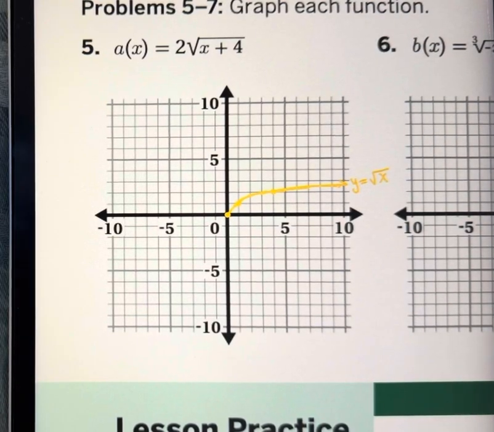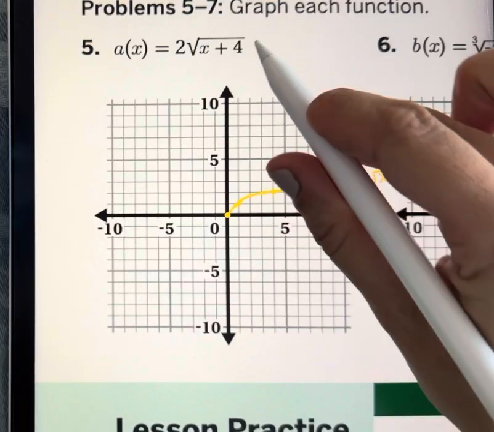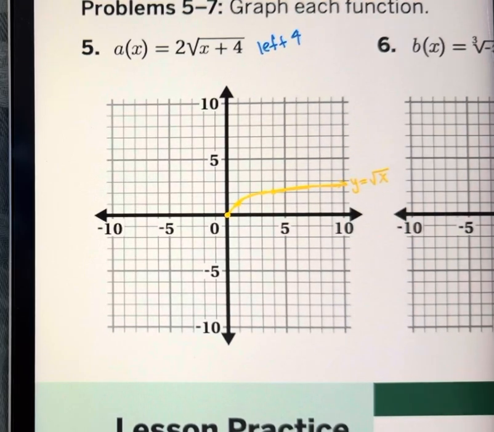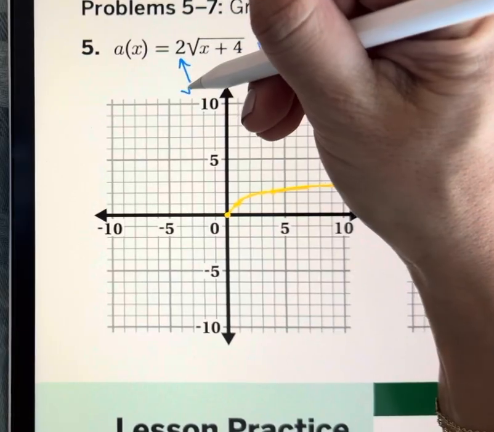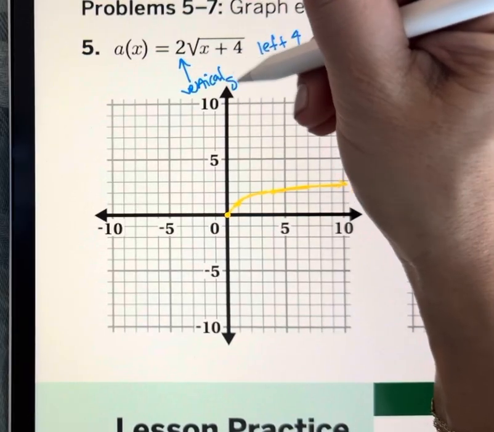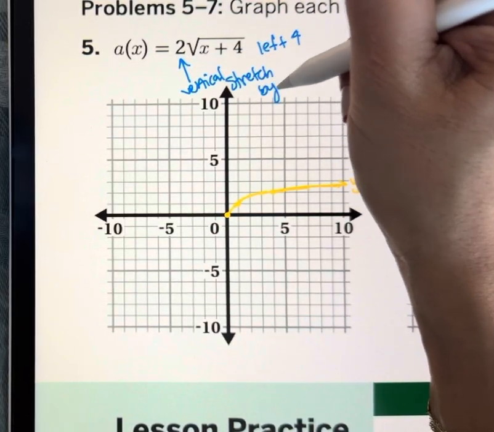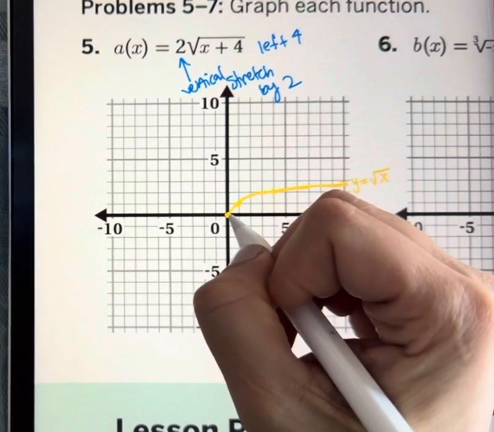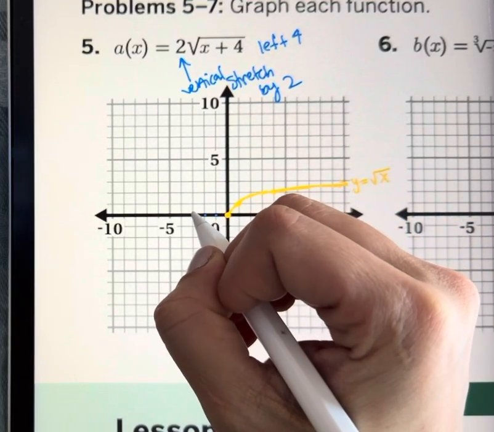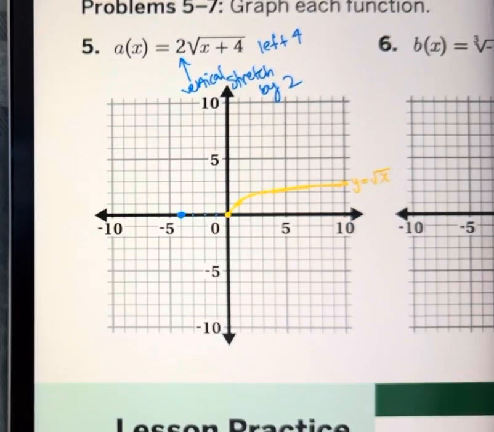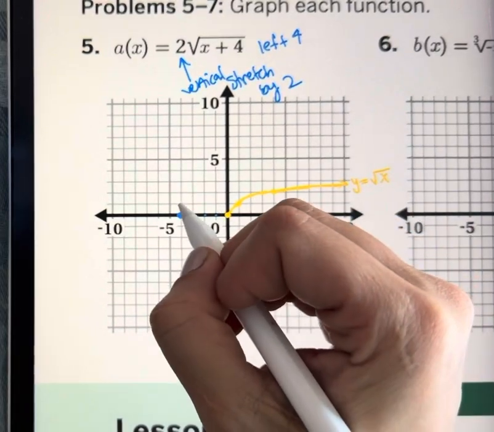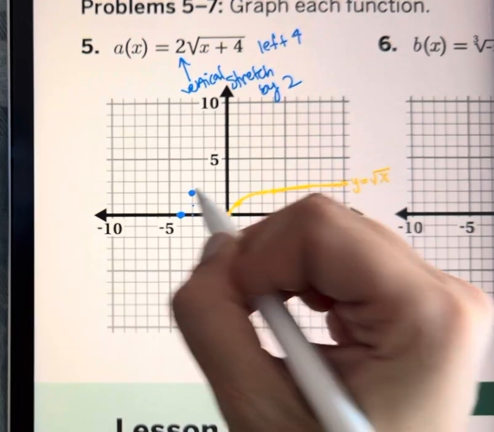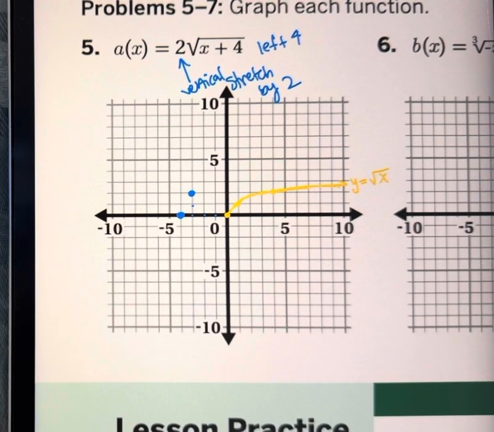We have the original y equals square root of x, except we have moved left 4, plus we have a vertical stretch by 2. So let's put it to use. We're going to go left 1, 2, 3, 4. We're going to begin here. And then instead of going up 1 over 1, we're going to go up 2 over 1 because we're stretched. All right?